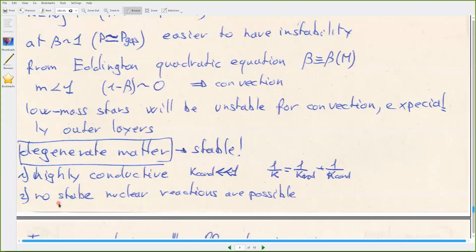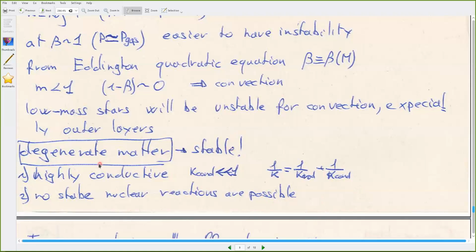In fact, degenerate cores are usually isothermal because the conduction works so well, but they are also not stable, because the luminosity from nuclear reactions is missing, and there is no stability for nuclear reactions. So when the nuclear reaction starts, it will disrupt everything, either the degeneracy or the star directly.